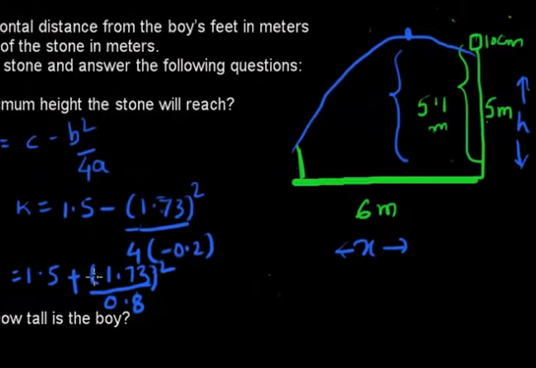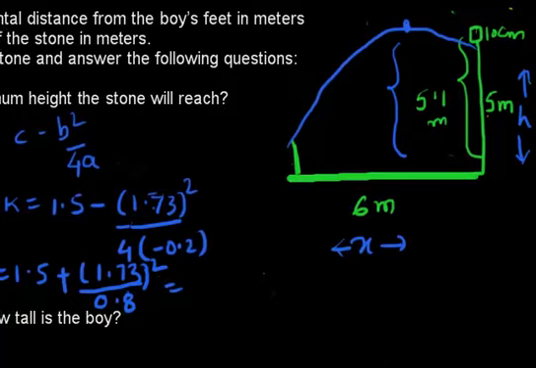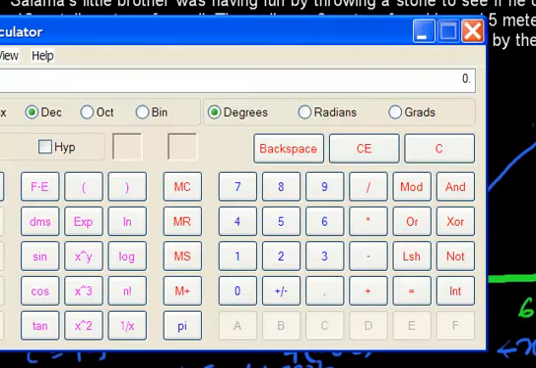If I calculate these values, the height of the stone can be obtained. 1.73 whole square over 0.8 equals 3.74, plus 1.5.